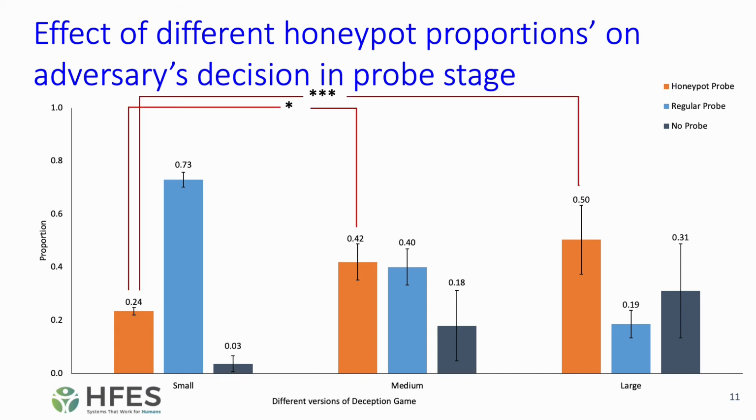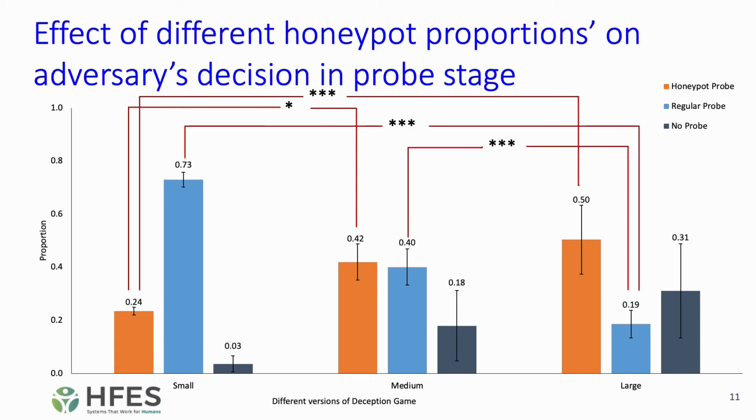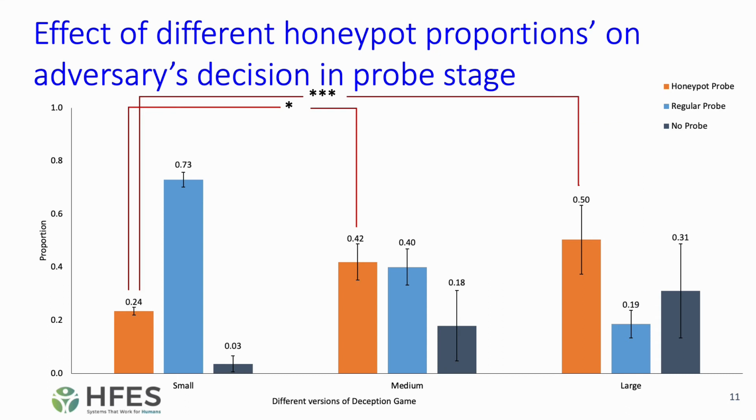We found a significant difference in the proportion of honeypot probe decisions between the small and the medium, and the small and the large conditions. We also found a significant difference in the proportion of regular probe decisions in the large condition compared to the small and the medium conditions. Similarly, the proportion of no-probe decisions was significantly higher in the large condition compared to the small condition.